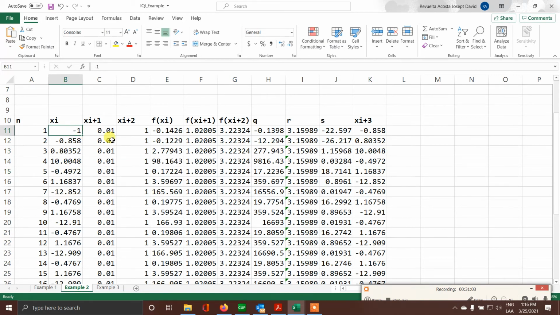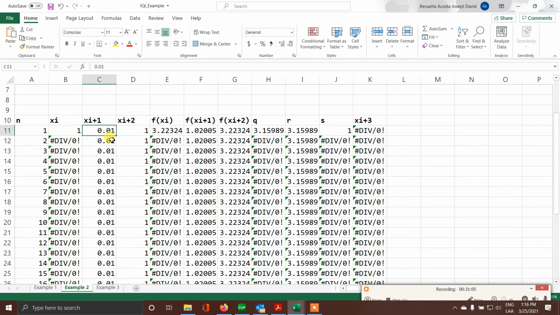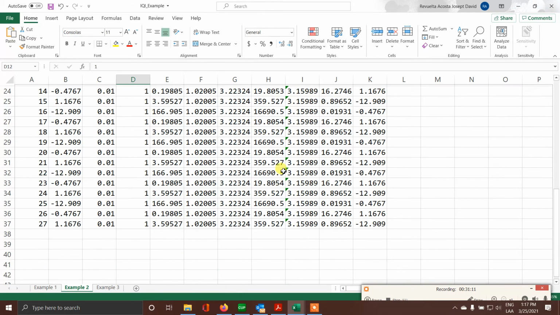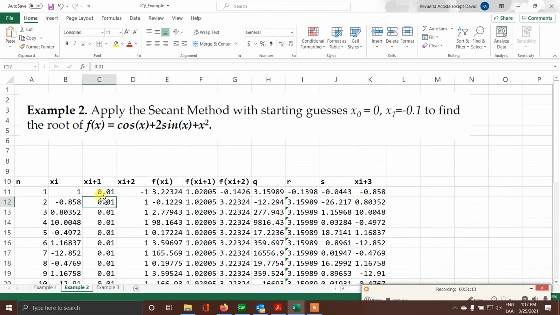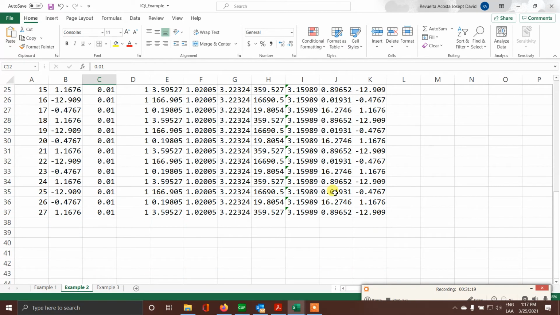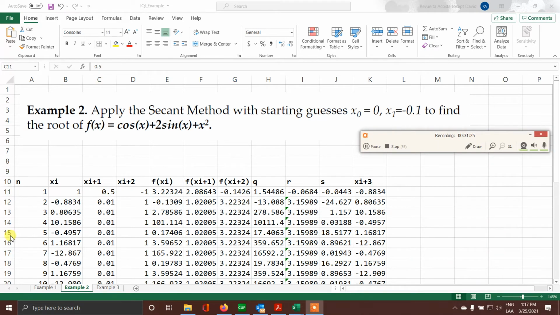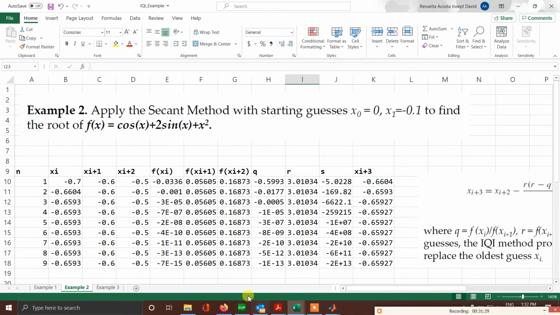Okay, guys. So it took me a while to actually find the roots, but this is a very good exercise to give you a good use of the knowledge you had previously acquired. So in general, what I did is I went to MATLAB and I uploaded the function cosine plus 2 sine of x squared.